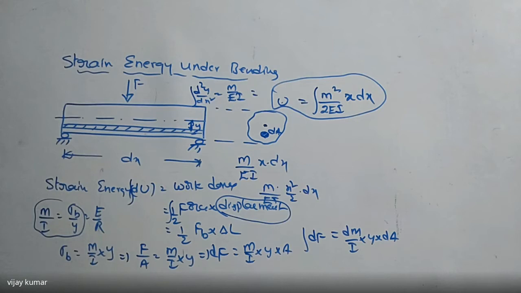So delta, we integrate two times here, and then we get M into x² something. We can derive this equation another way also, but derivation is not important for you. But the formula you have to remember, so please take care about the formula. That is the integral of M² by 2EI into x into dx is the formula for strain energy for bending.